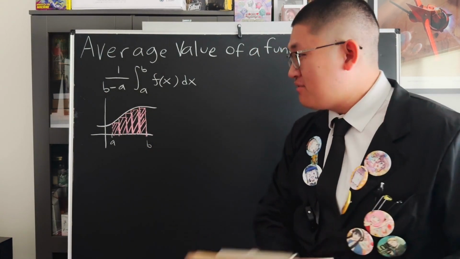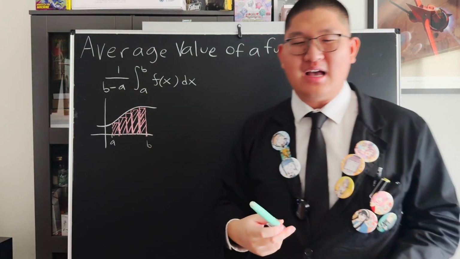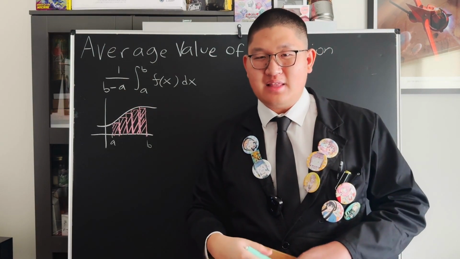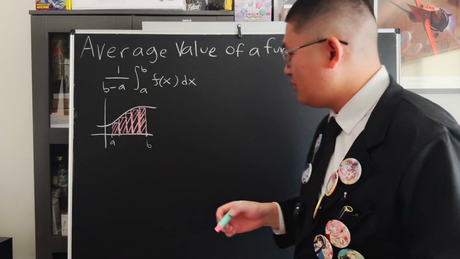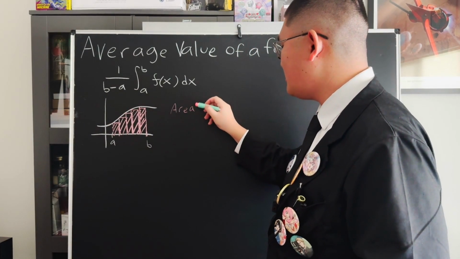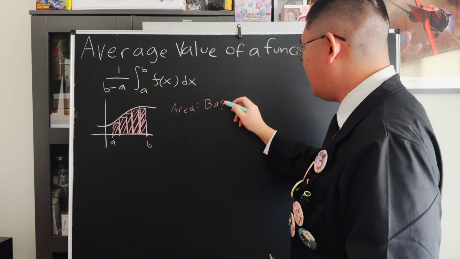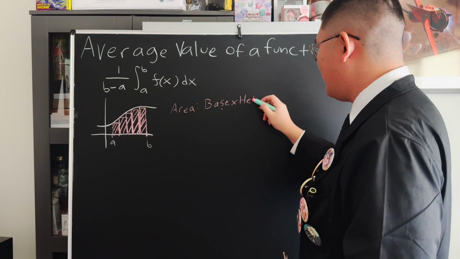But we have that one little factor right there, the 1 over b minus a, as a coefficient to that equation. So what does that mean for us? Again, we have a total area, at least in the most basic sense, area being the base multiplied by the height, right?